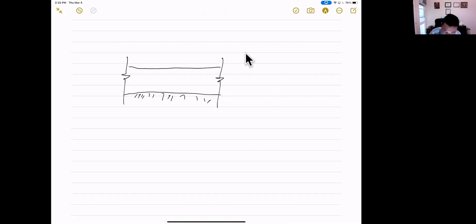So you can see my iPad, right? Let's say this is the concrete. The concrete is on the ground, and on the ground we have sulfate and also water with sulfate solutions.